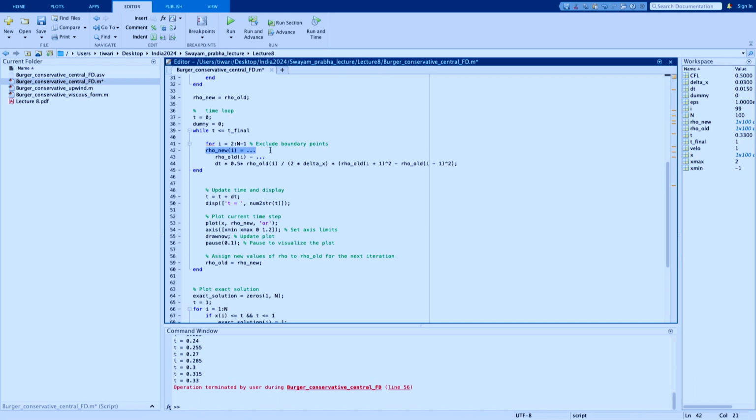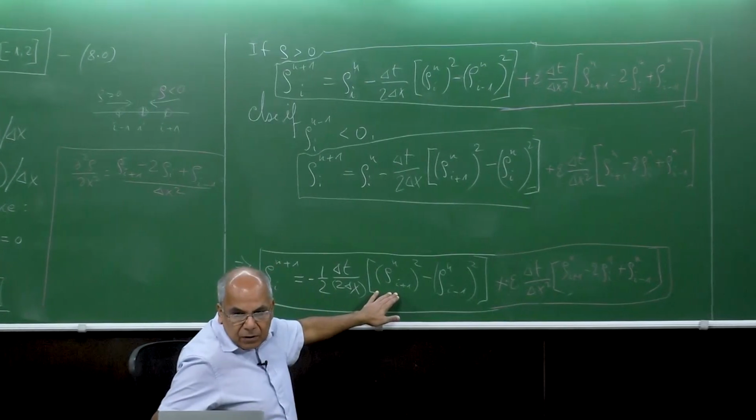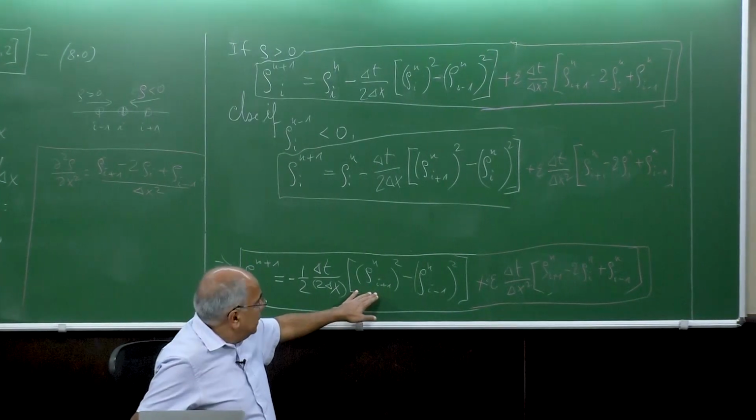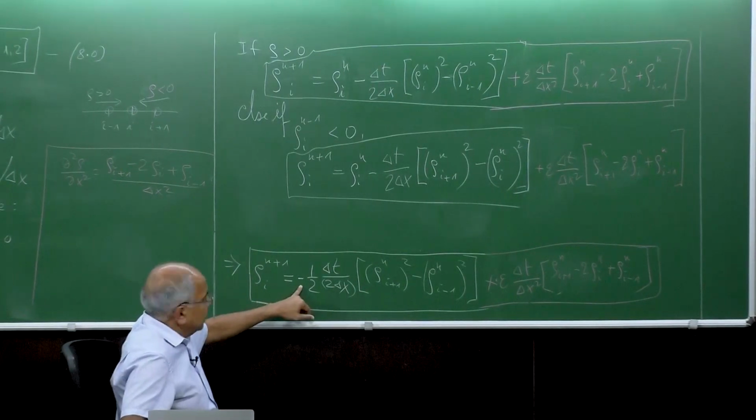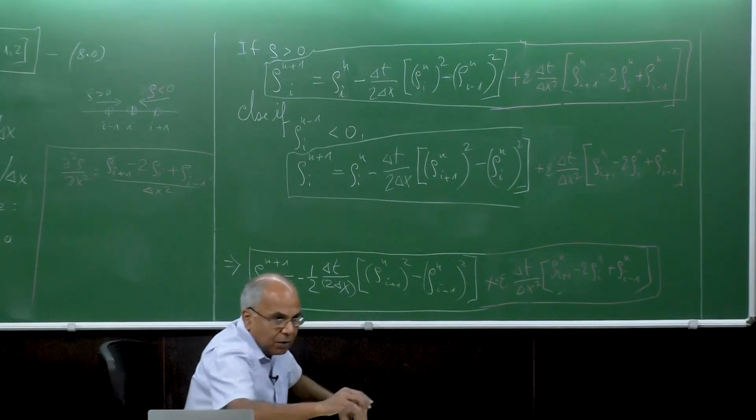Now I start with the central difference without viscosity, this formula here. So my new rho is equal to, here I think I made a small mistake.